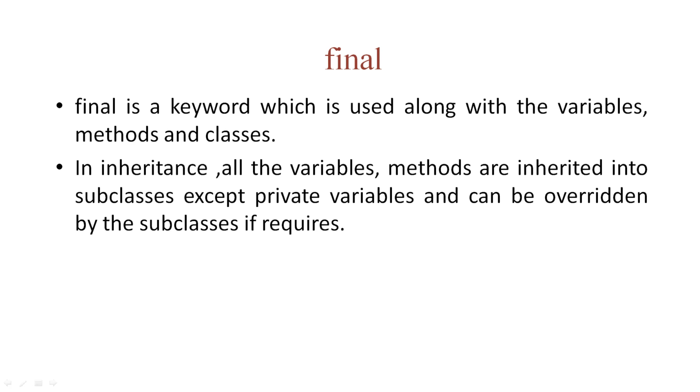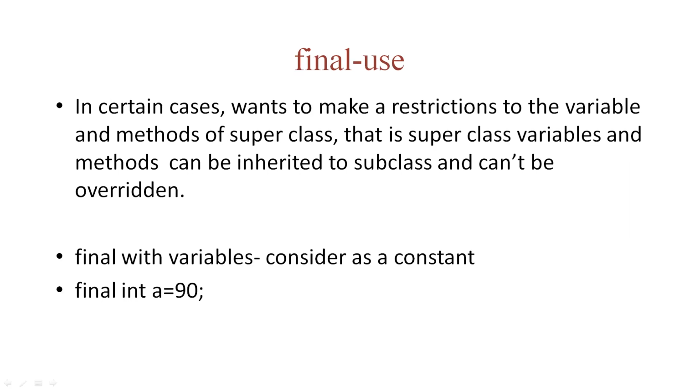Final will be used for variables, final will be used for methods, and final will be used for classes. What is the use of final? When we are using final with a variable, like int a, before that I am using a modifier called the final modifier. Now it will be turned into a constant.